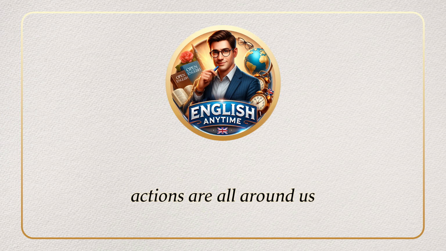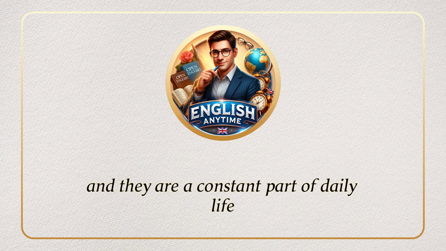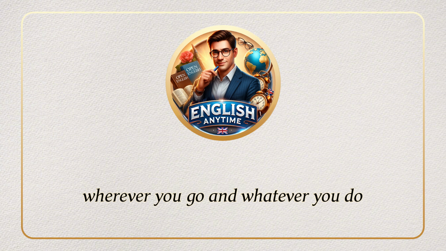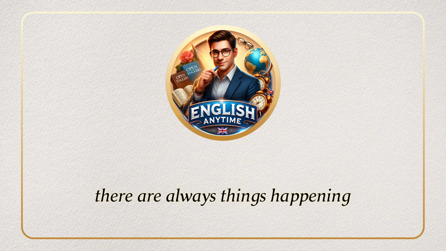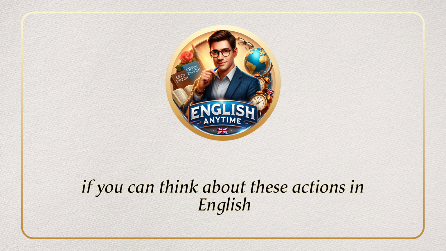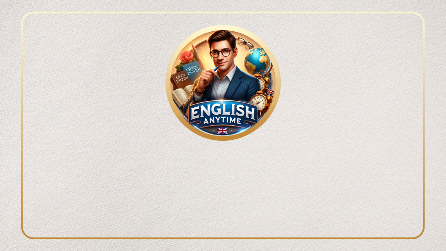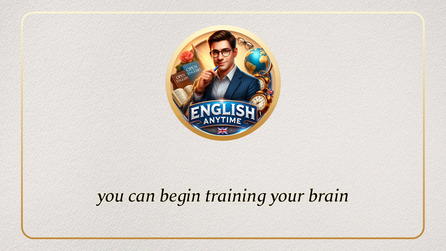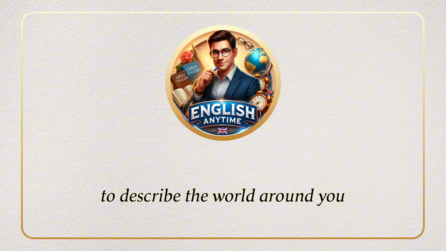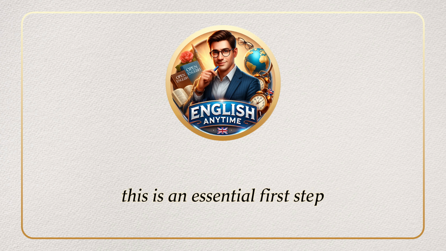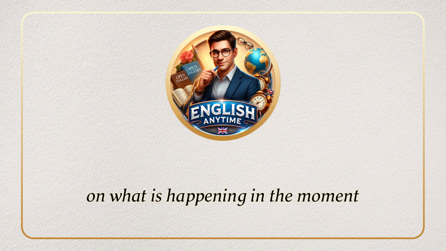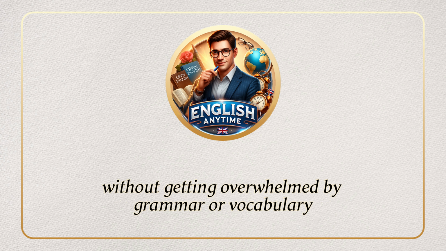Actions are all around us, and they are a constant part of daily life. Wherever you go and whatever you do, there are always things happening. If you can think about these actions in English, you can begin training your brain to describe the world around you. This is an essential first step because it allows you to focus on what is happening in the moment without getting overwhelmed by grammar or vocabulary.